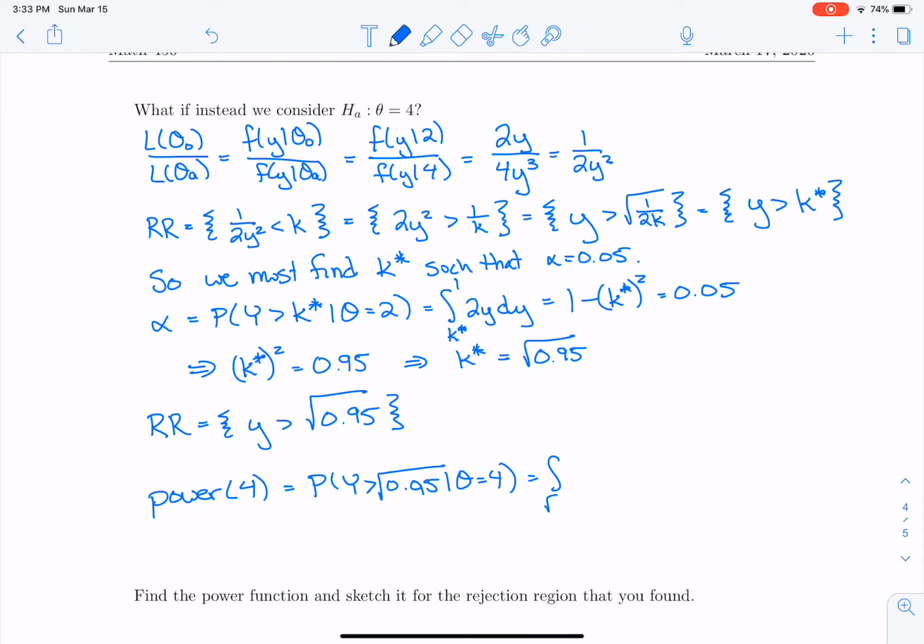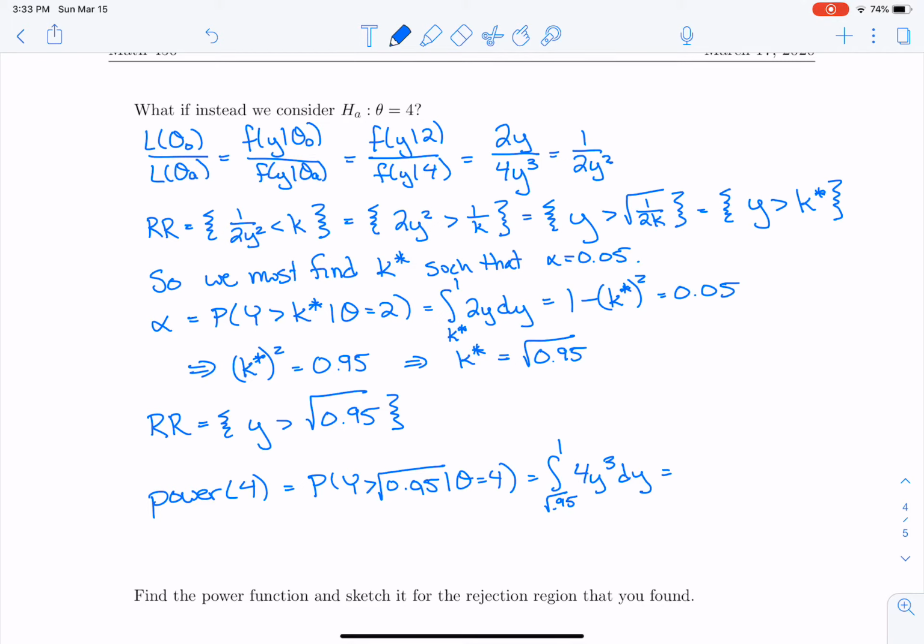That's the integral from the square root of 0.95 to 1. We're going to integrate 4y cubed dy, because we're again given that theta equals 4, so the probability density function is 4y cubed in that case.